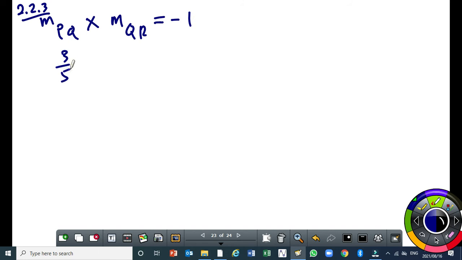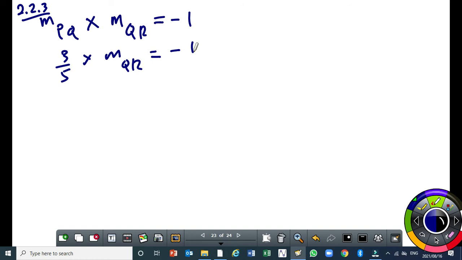This is 3 over 5 times MQR equals minus 1. By now, you should know that when you multiply two gradients and their product is supposed to be minus 1, if one is negative, the other one is positive, and vice versa. If one is a common fraction, the other one, in most cases, will be an integer or the reciprocal.